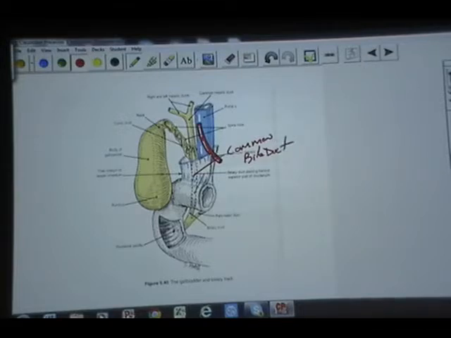Okay, so the common bile duct interconnects with the duodenum over here, okay? So this is common bile. But there's another duct leaving the pancreas that comes in here simultaneously, and that is this duct here, and this is the pancreatic duct.